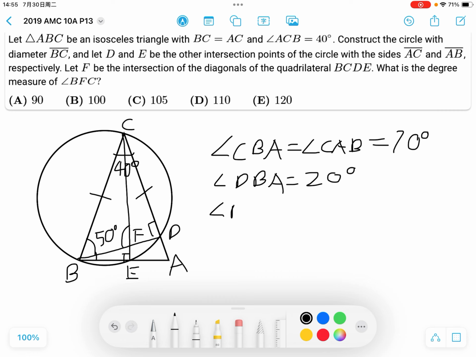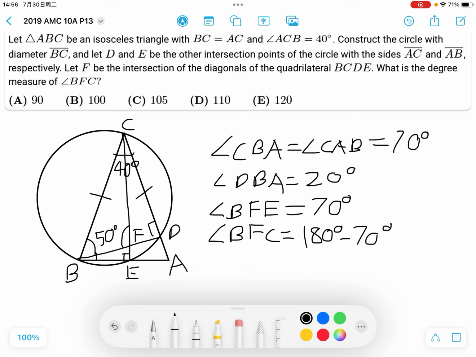So we can figure out angle BFE. So angle BFE is going to be 90 degrees minus 20 degrees, which is 70 degrees. So that's angle BFE. That's 70 degrees. We know that angle BFC, the angle we're desiring, is 180 degrees minus 70 degrees. So that gives us 110 degrees. So our answer is just 110 degrees.